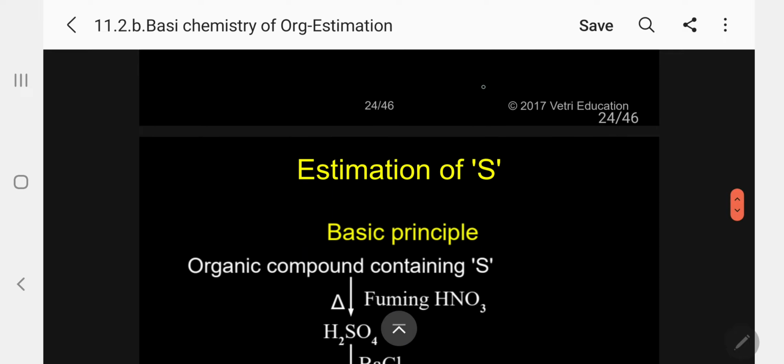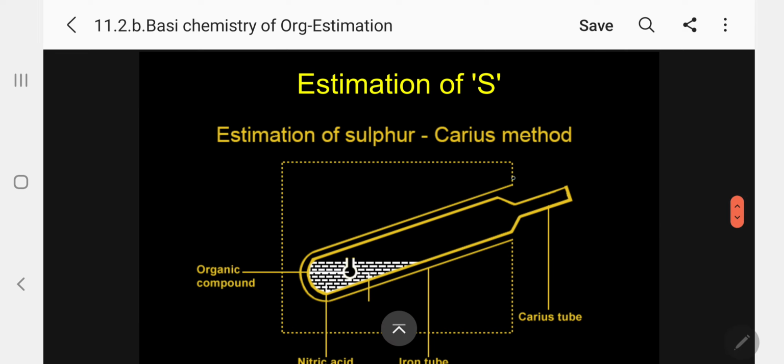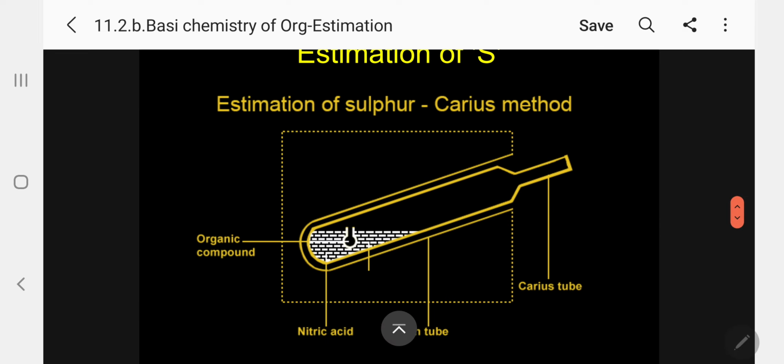Kindly follow this. This is the Carius tube. First you see the tube. It is placed in an electric furnace. So what will happen now? A known quantity, W gram, of compound containing sulfur is placed inside the Carius tube along with concentrated nitric acid.